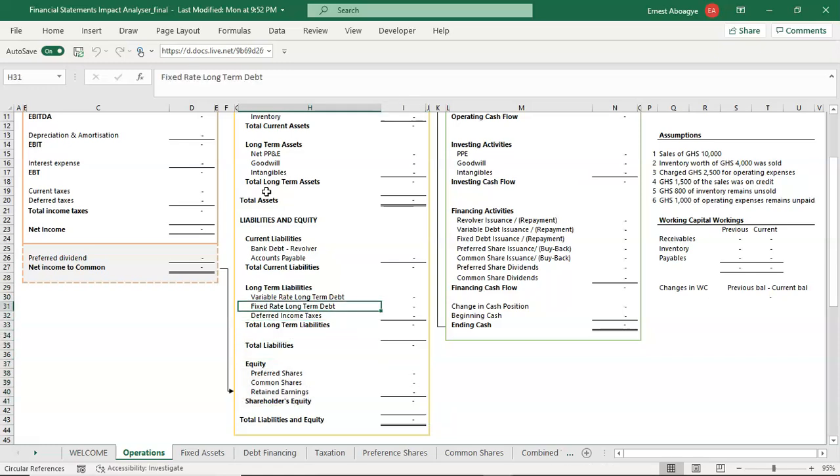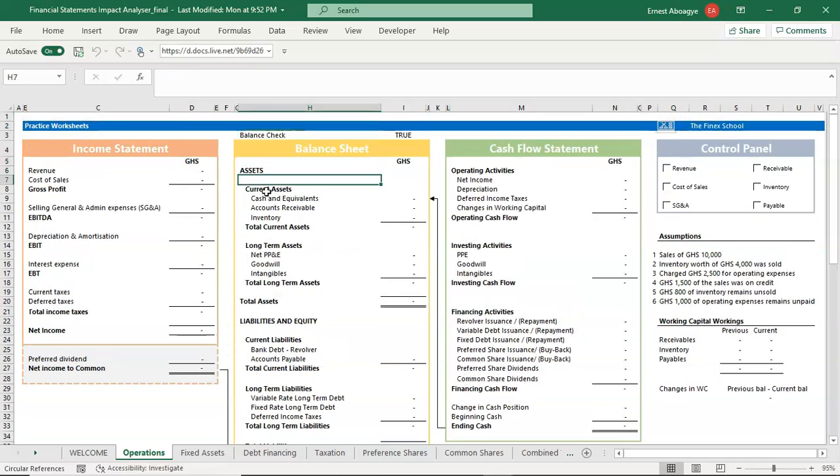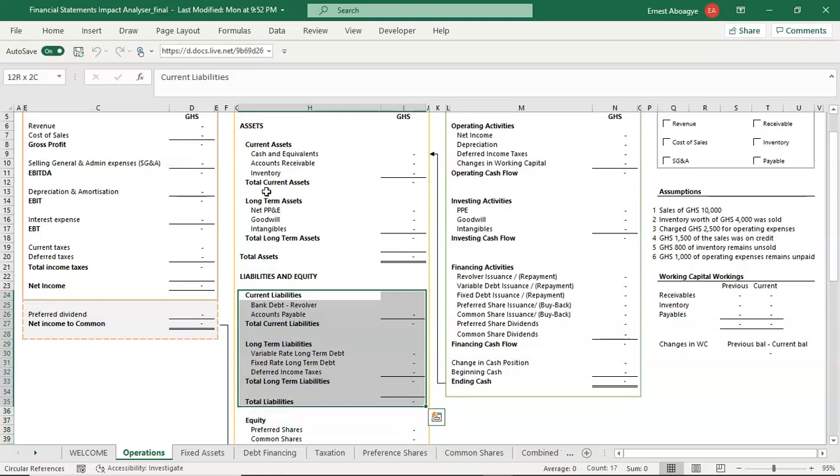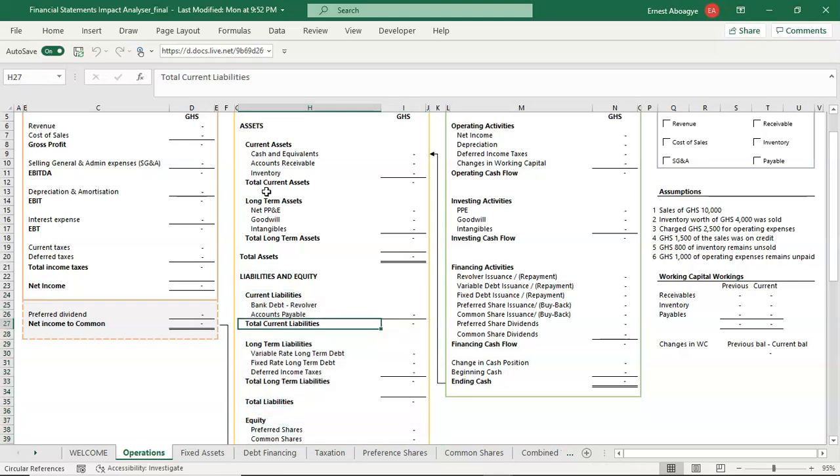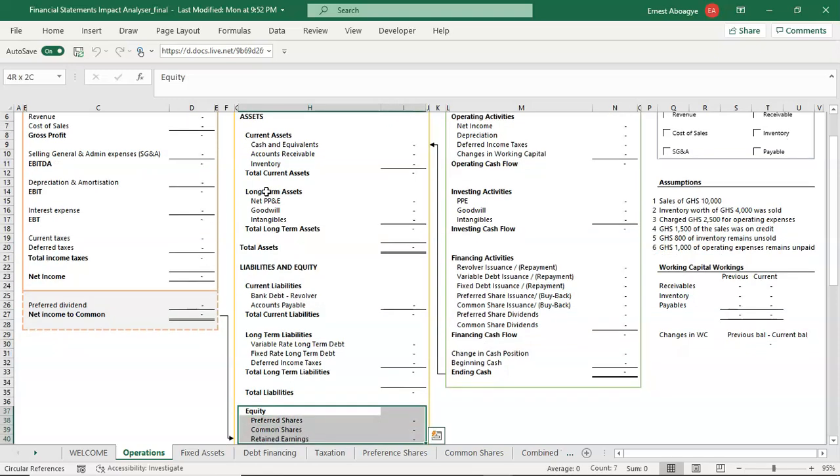We have assets, all of these being assets. On one side of the balance sheet there are all the assets, and below that we have the liabilities plus the equity, which is also known as the capital.